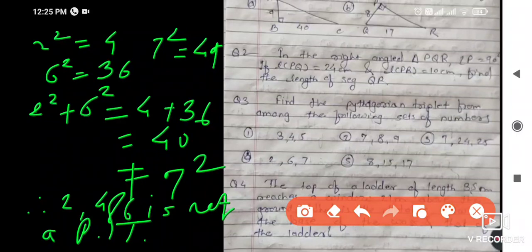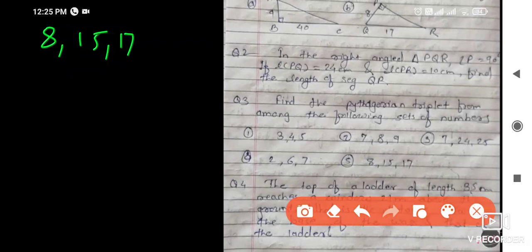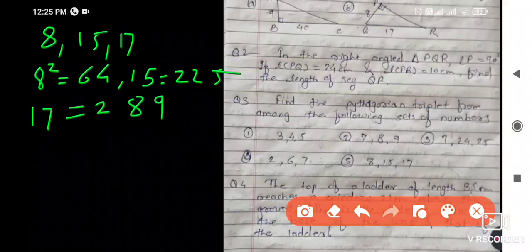Now let's see the last example from question number 3, that is the fifth question, 8, 15 and 17. We have to check whether it is a Pythagorean triplet or not. 8 square is 64, 15 square is 225, and 17 square is 289.